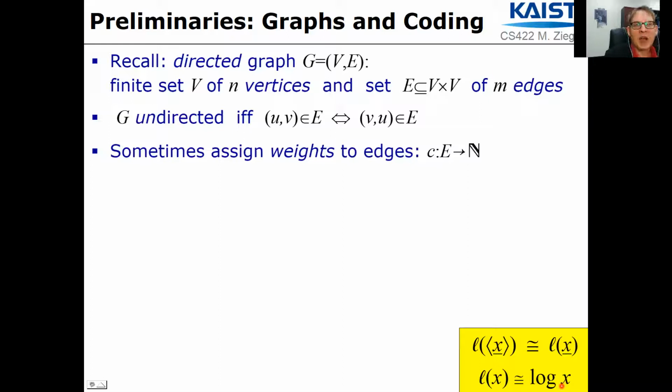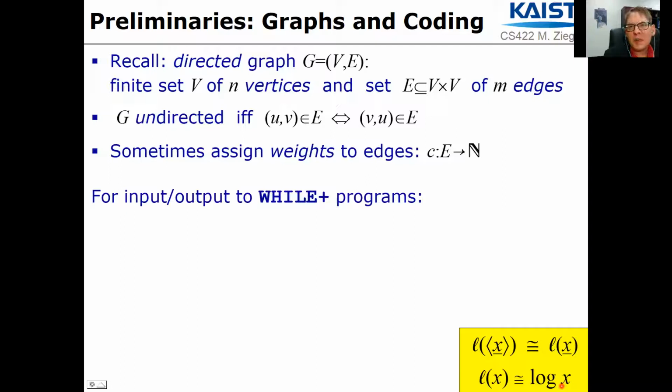Sometimes we consider graphs, directed or undirected, which are equipped with weights to the edges, sometimes also weights to the nodes, but here the focus is on edge weights. That is, they exist and we're provided with a function, traditionally called c, from the edges to the natural numbers, to the non-negative integers, that assigns a weight to every edge.